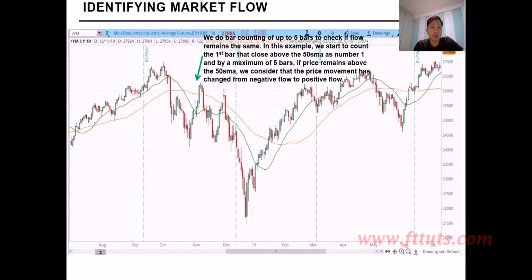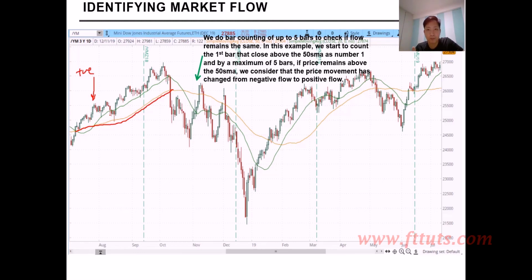As you can see here, this yellow line is your 50 SMA. Generally, if the price is above it, see my cursor here, the price means the bars here, the price action bars, we say that it's an upflow. So we do this thing called bar counting.